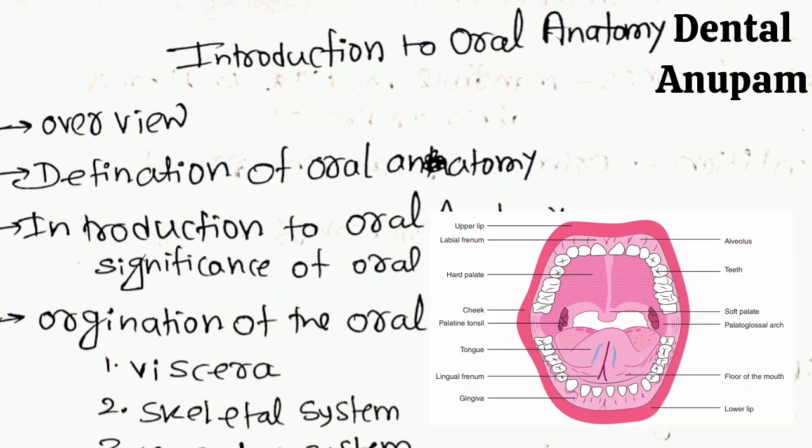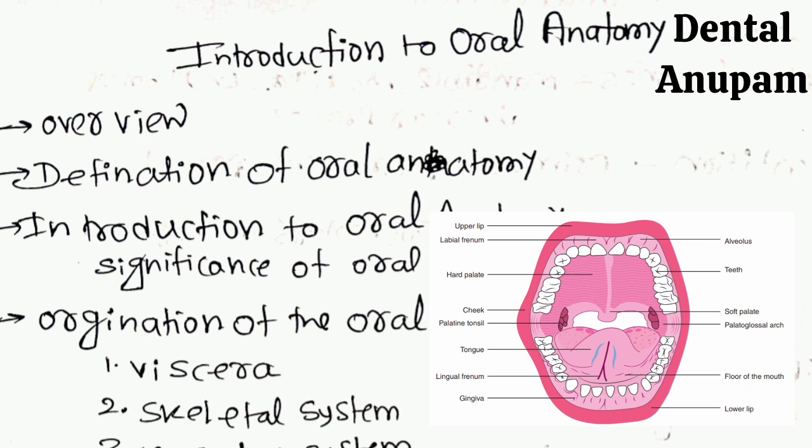Overview. Oral anatomy is the study of structures related to the oral cavity. What is the oral cavity? The oral cavity is commonly referred to as the mouth, and the oral cavity and the face.